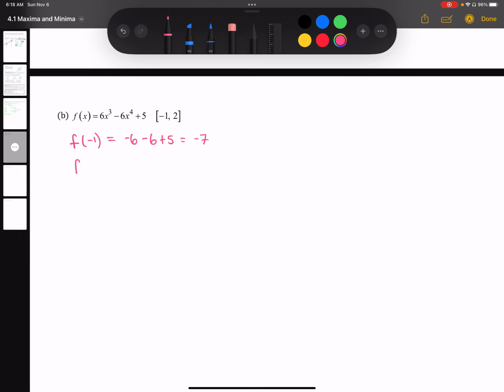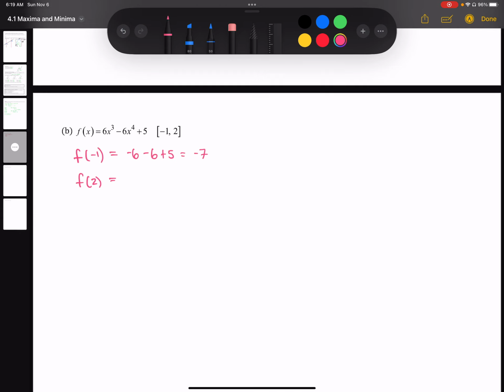And then f of 2: 2 cubed is 8 times 6 is 48, 2 to the 4th is 16, so times 6 is 96. 48 minus 96 is -48, plus 5 is -43.